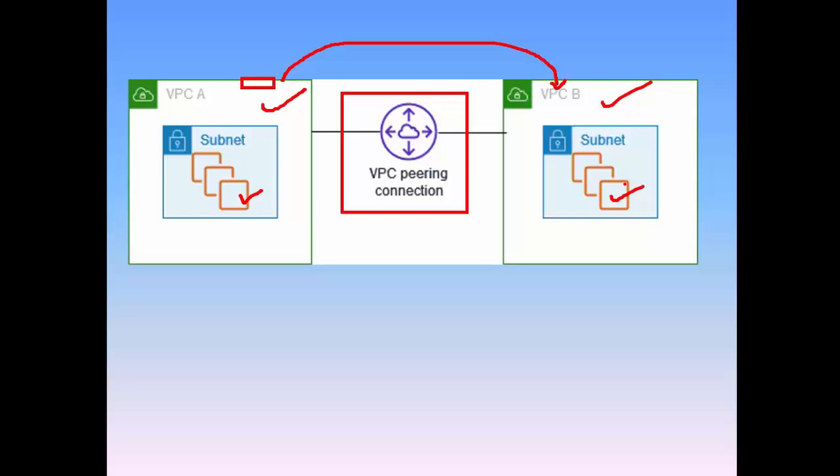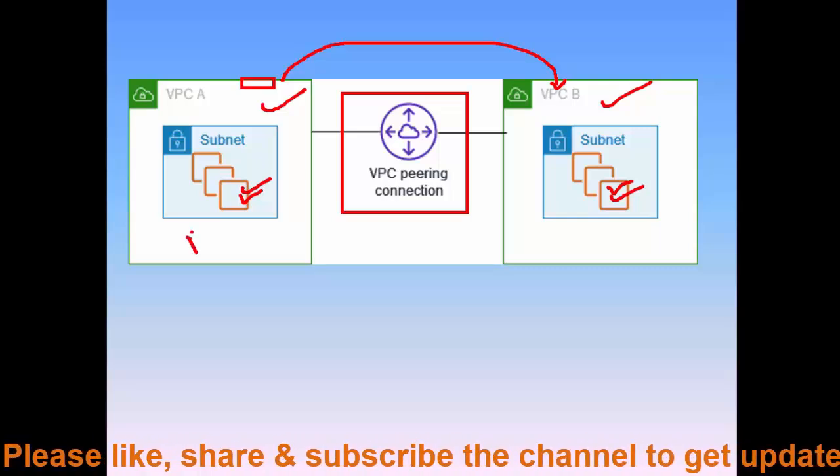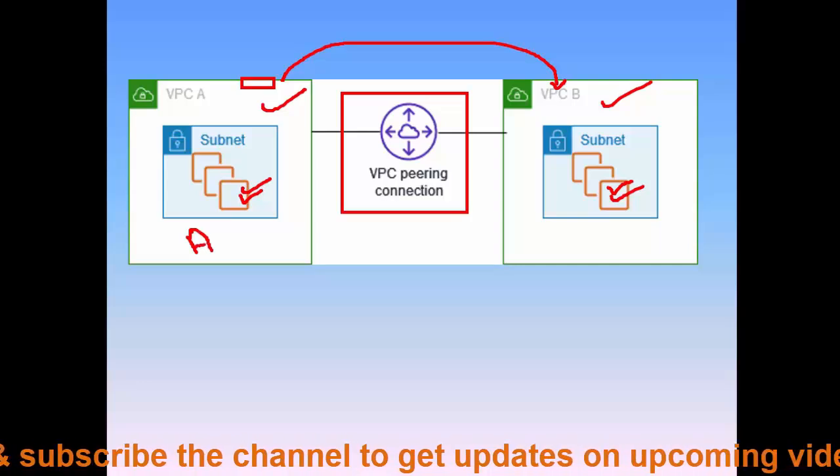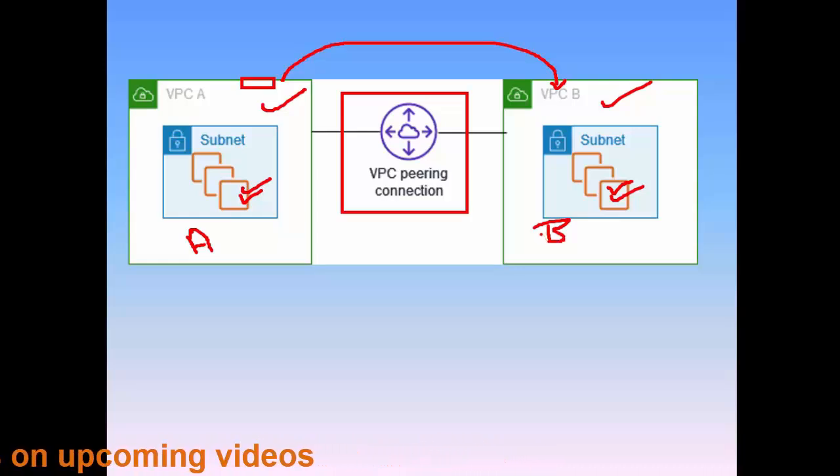So without peering, you cannot communicate between these two EC2s in different VPCs using private IP. But after doing the peering, yes, you can. Either one VPC is in country A and one VPC is in country B, or you can say in different accounts, one in account A, one in account B. Everything is possible with the help of peering.